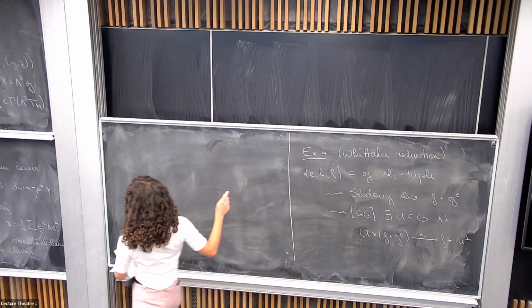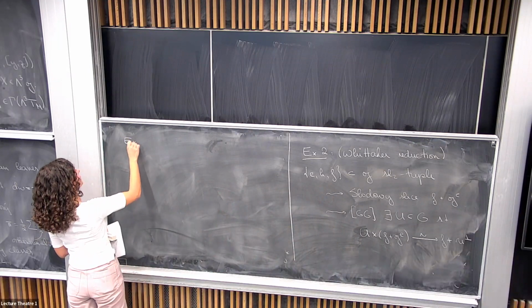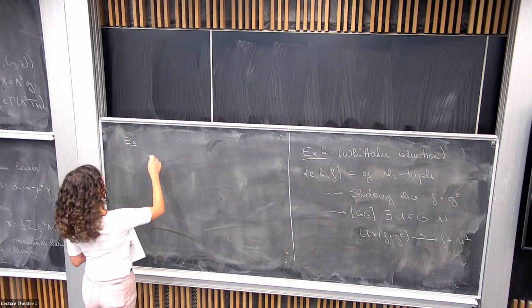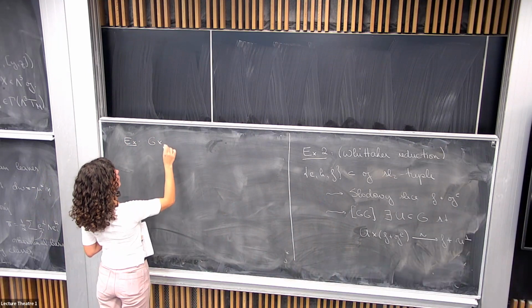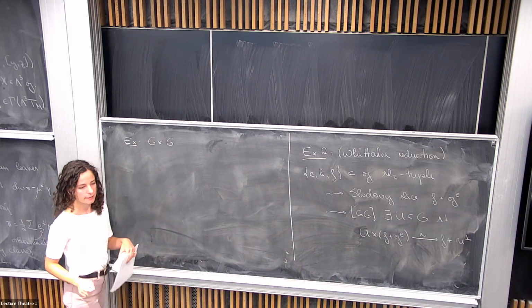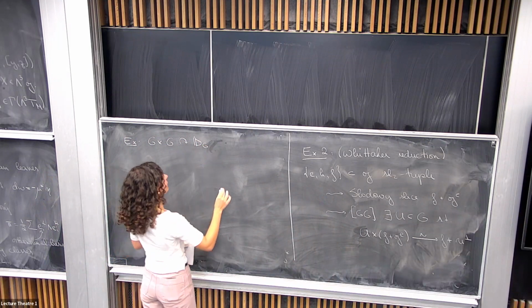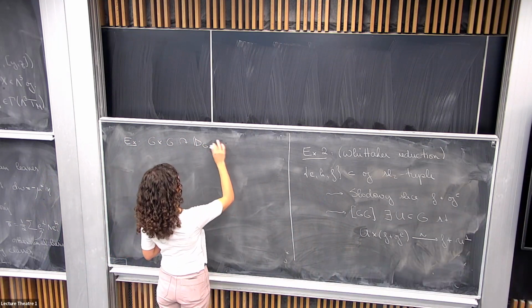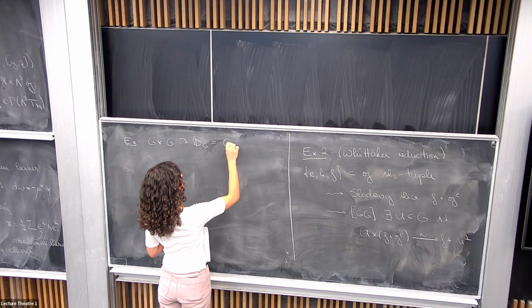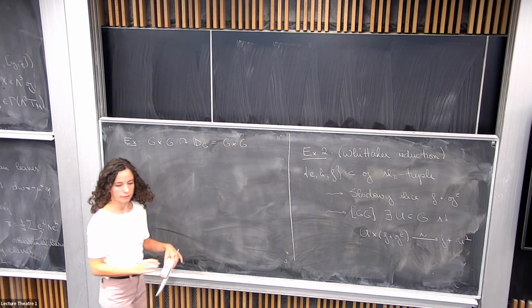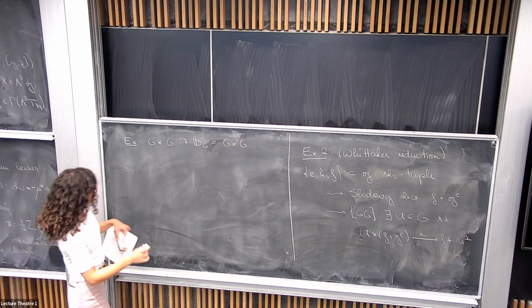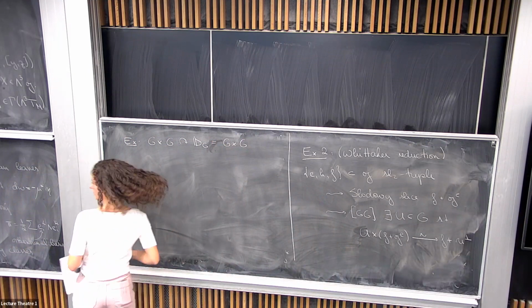Okay, so second example. I will look at a product of two copies of the group acting on the space D_G, which is sometimes called the internal fusion double, which is also a product of two copies of the group. But what does this action look like?